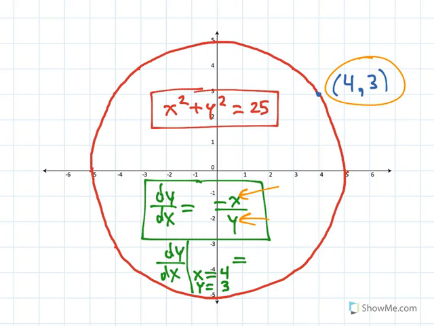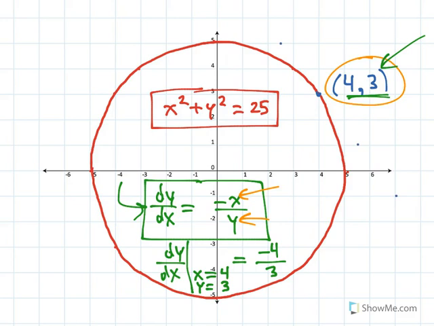And we're going to get negative 4 divided by 3. So the slope of the tangent line to the circle at this particular point is given by dy dx evaluated at the point, and we now know that the slope of the tangent line is negative 4/3.